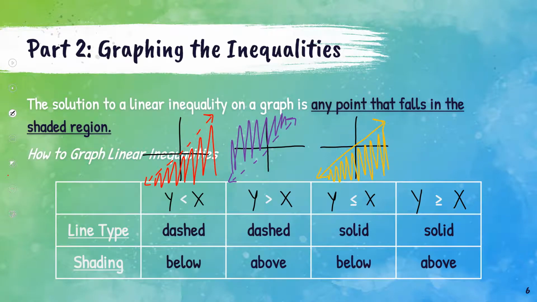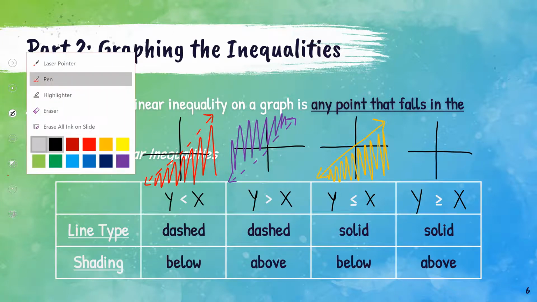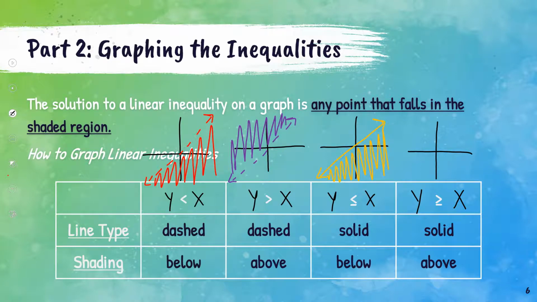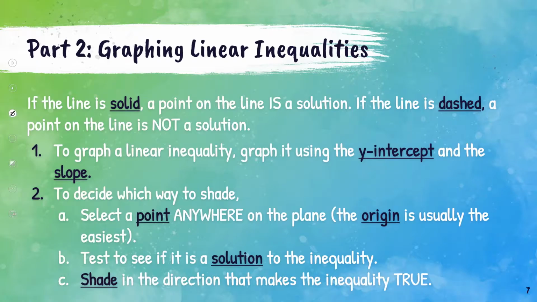And then when I have y is greater than or equal to x, that's going to be everything above my line. I'm going to have a solid line, so it's everything that either equals that line or is above that line. So let's talk about that in words.